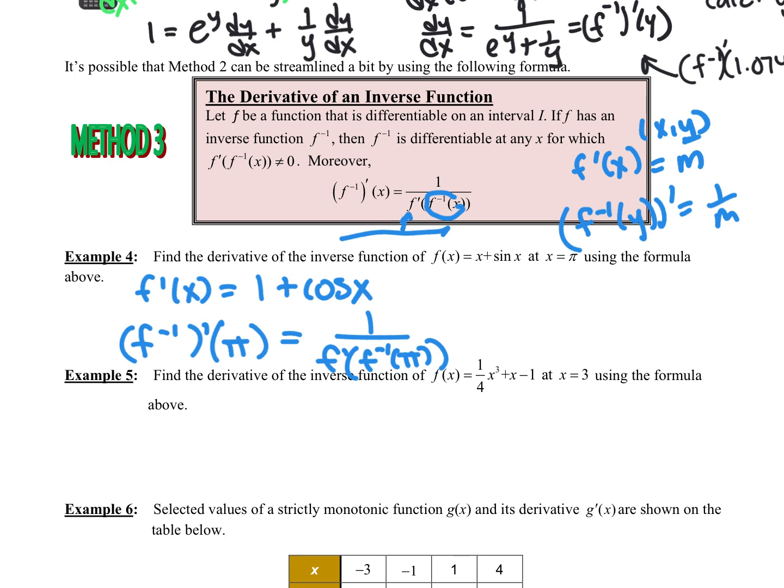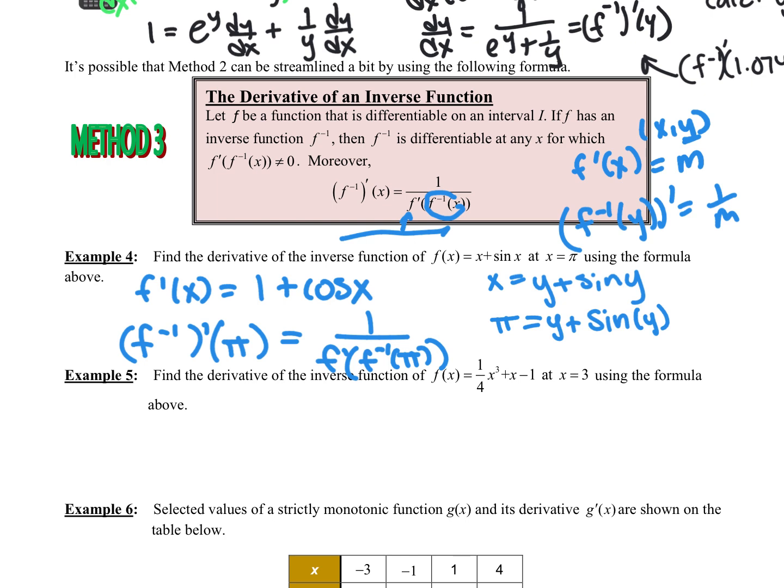So if we switch our x and y values here, we'll have x is equal to y plus sine of y for our inverse. So we just need to find f inverse at pi. So now if we plug in pi for x, we get pi equals y plus sine of y.